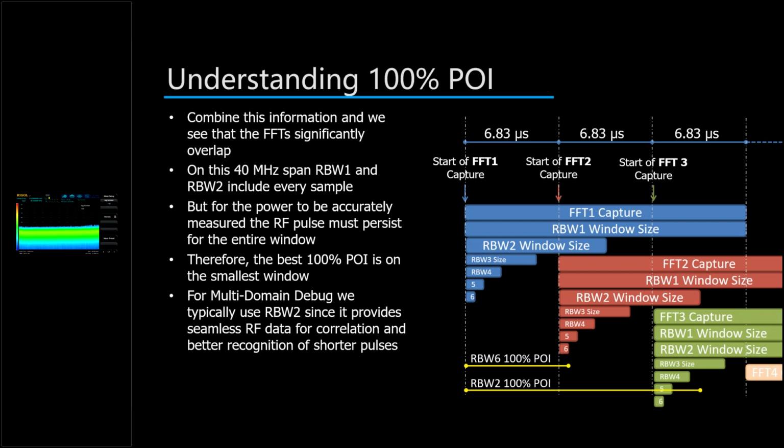One is, if you want to capture the shortest pulse as accurately as you can in power, you would use the RBW6 window. With RBW6, the pulse only has to last, as you can see the yellow line at the bottom, 7.45 microseconds, a little longer than that 6.83 microsecond window.